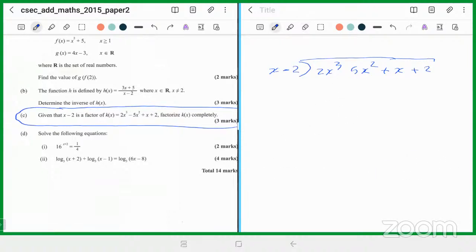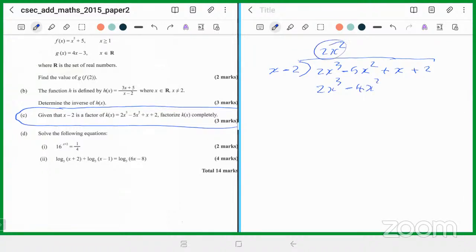All right, so we're dividing this now. It's the first value divided by the first value here. It's going to give me 2x squared. Then it's 2x squared times each of these, just as how we do long division with numbers. So it becomes back the 2x cubed minus 4x squared.